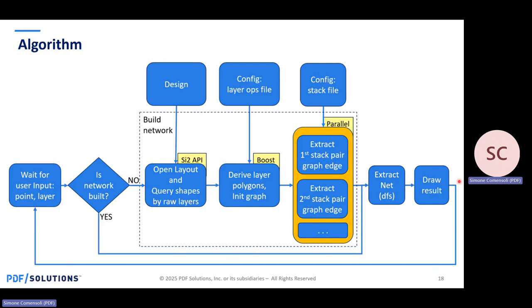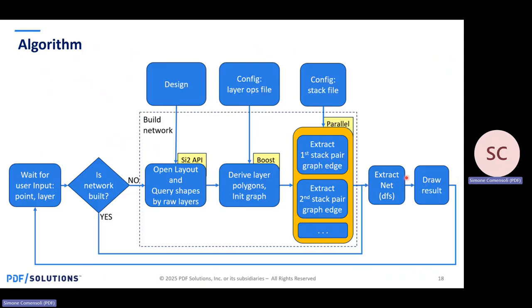As you can see from the schema, this runs in parallel, meaning that each polygon pair runs in a separate thread. We then move the extracted edges to the global graph, and from the node corresponding to the user input, we perform a depth-first search over the connectivity graph to recursively find all the connected nodes.